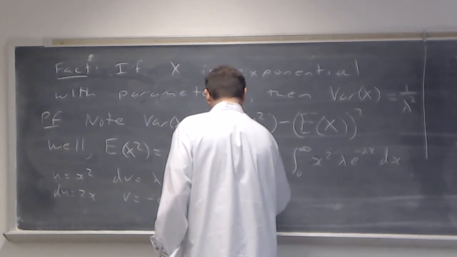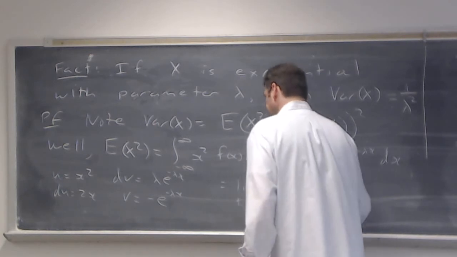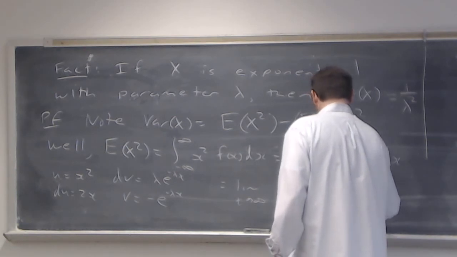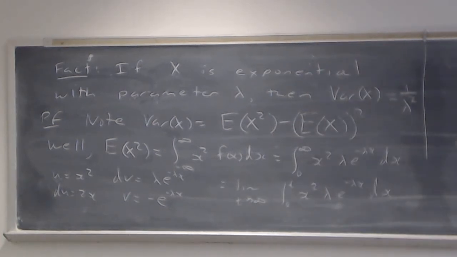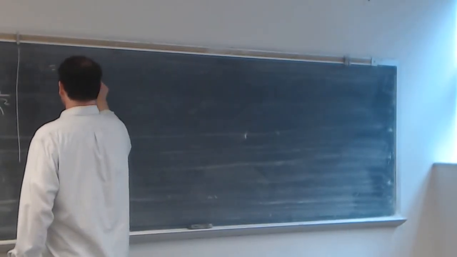And so this is equal to the limit as t goes to infinity of an integral from 0 to t of x squared lambda e to the minus lambda x dx. And now I'm going to use integration by parts. That's equal to the limit as t goes to infinity.